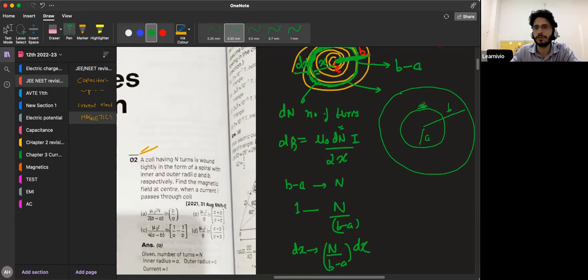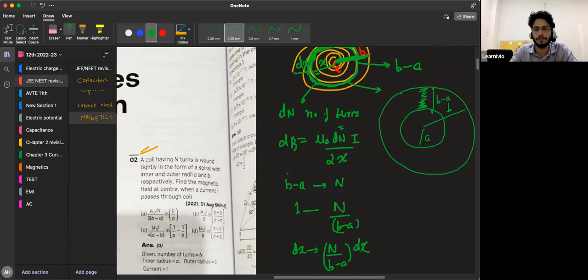Here, the turns are closely spaced. So the thickness in which the spiral exists is b minus a. This is the entire thickness of the spiral.